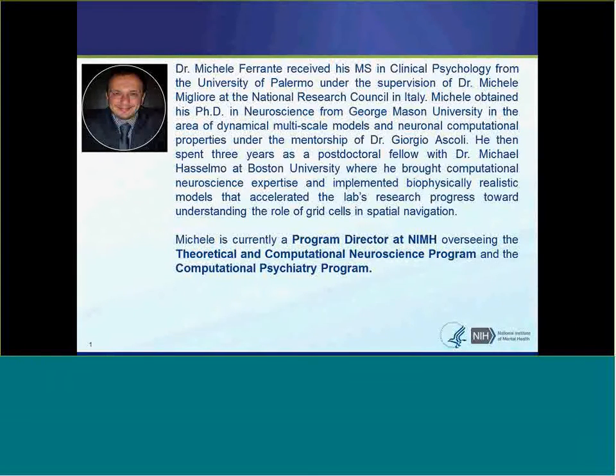There is also a new program, computational psychiatry, that is much more recent and was basically created in the last year. These are two distinct types of programs. The first one, Theoretical and Computational Neuroscience, is more about basic science.